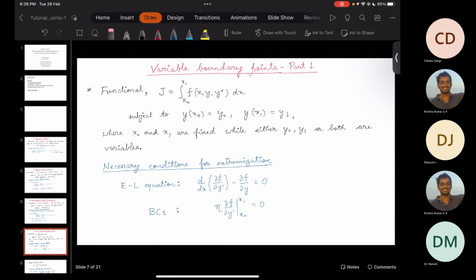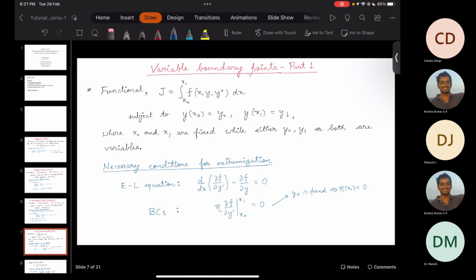Now you ask, okay, fine, but what if, so there may be, let me discuss three cases. The first case is, what if y naught is fixed. Y naught fixed implies that eta at x naught is 0, isn't it?